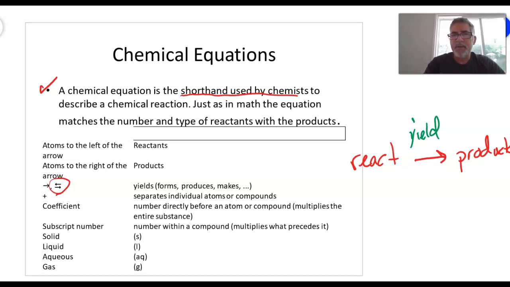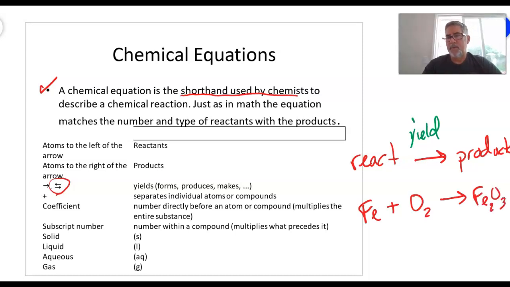Let me try to figure out an equation to give you. If I have iron and oxygen, and that yields iron 2 oxide, or iron 3 oxide, there are different things here.